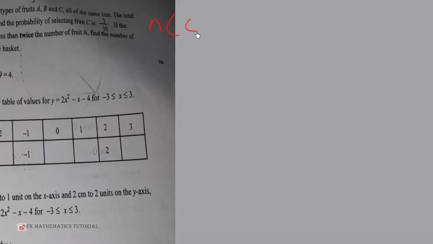So the number of fruits C is equal to the probability of fruit C times the number of fruits in the basket, which is 20. So 10 will go here 2 times. So the number of fruits C is 6. Now we are left with 14 fruits in the basket.